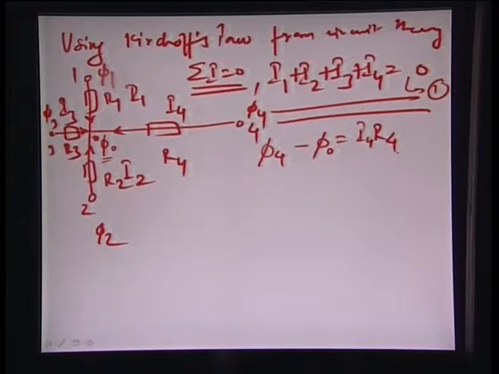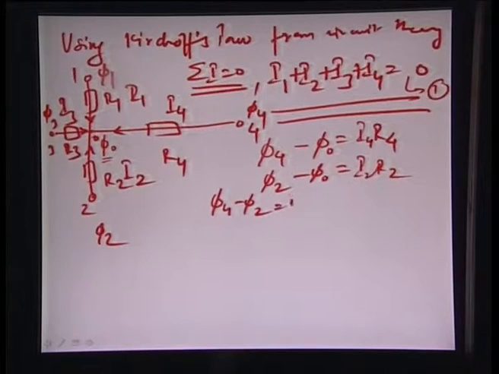It is essentially I 4 R 4. Similarly, phi 2 minus phi 0, the potential across these 2 points 2 and 0, is also equal to I 2 R 2. Okay. And therefore, phi 4 minus phi 2 is nothing but I 4 R 4 minus I 2 R 2.